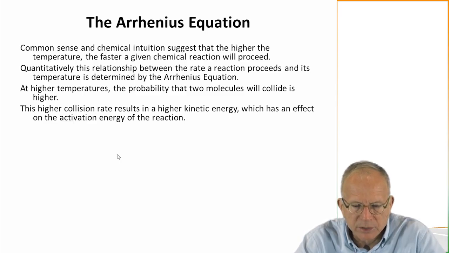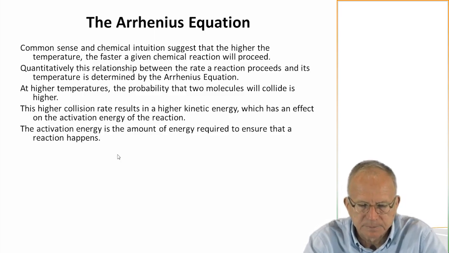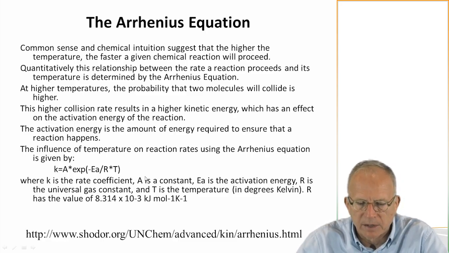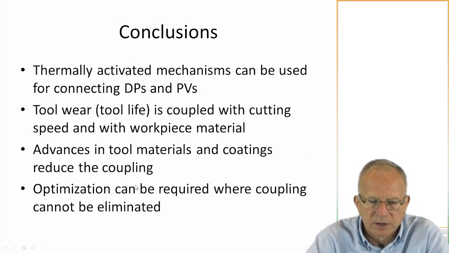There's more kinetic energy and has an effect on the activation energy. Anyway, so it comes down to this sort of equation here, and you can see the variables are explained. All right, so there's an activation energy there.